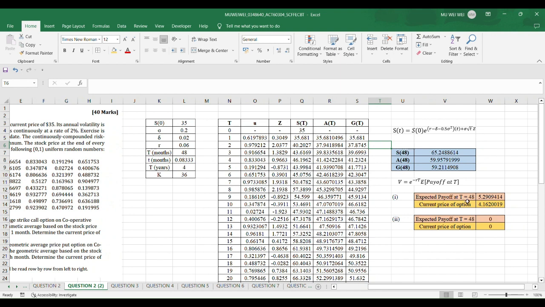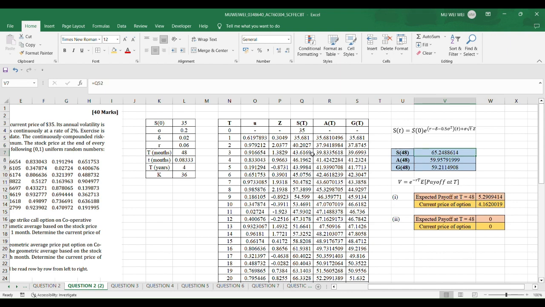And then we find the expected payoff at t equals 48, because when we find the current price of the option, we will be using this equation right here, which is V equals exponential negative rt times the expected payoff at T. To find the expected payoff at t equals 48, it is the difference between S48 and A48, which is ST minus AT.